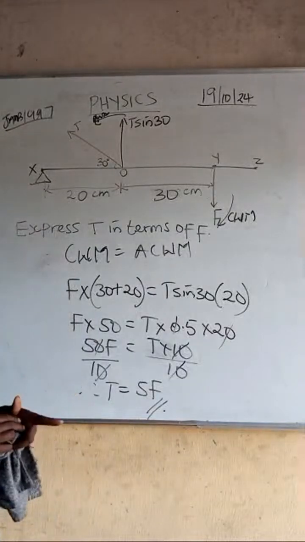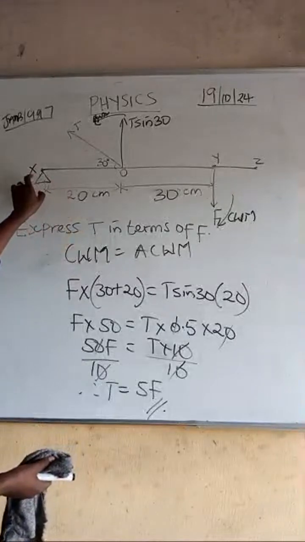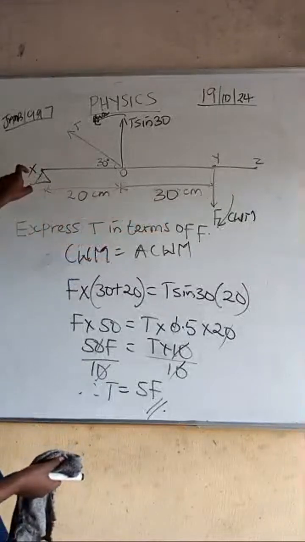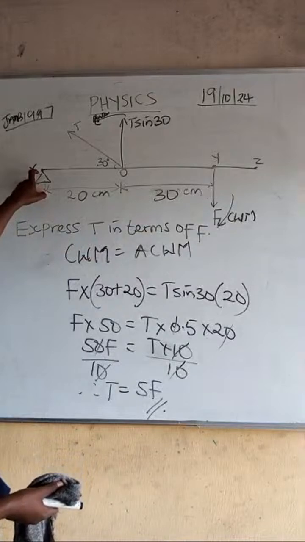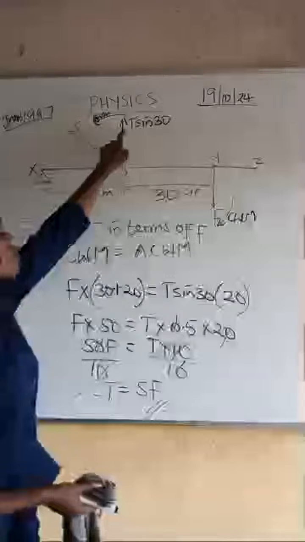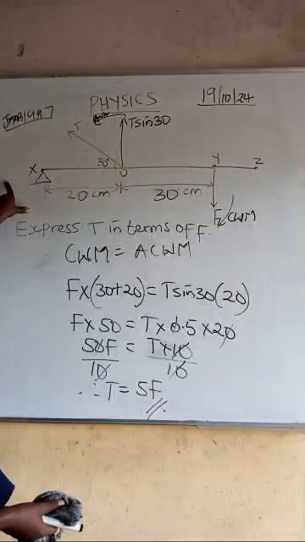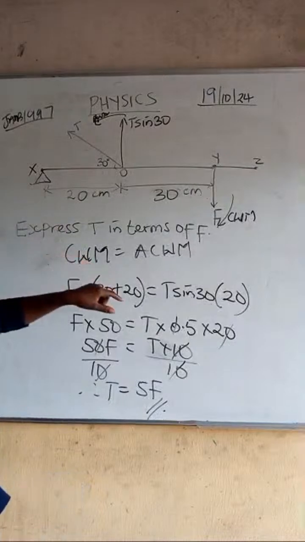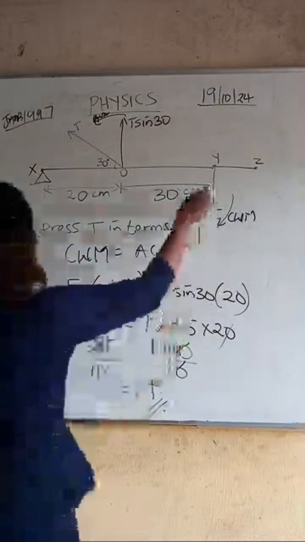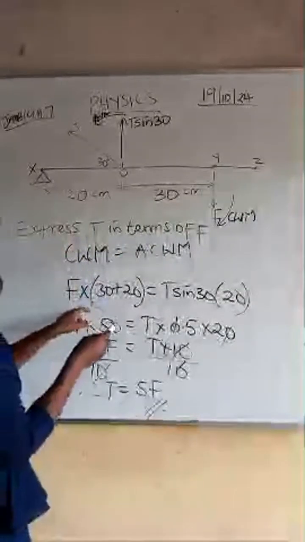Do you understand? Now, what I did was to make reference of this resolving to the vertical. This is the clockwise moment, while this is the anti-clockwise. I have to resolve it to the vertical, so I can use the vertical vector to solve. And that is what I have. Then the clockwise moment is F. Distance from here to here, so we calculate 20 plus 30 to have 50.